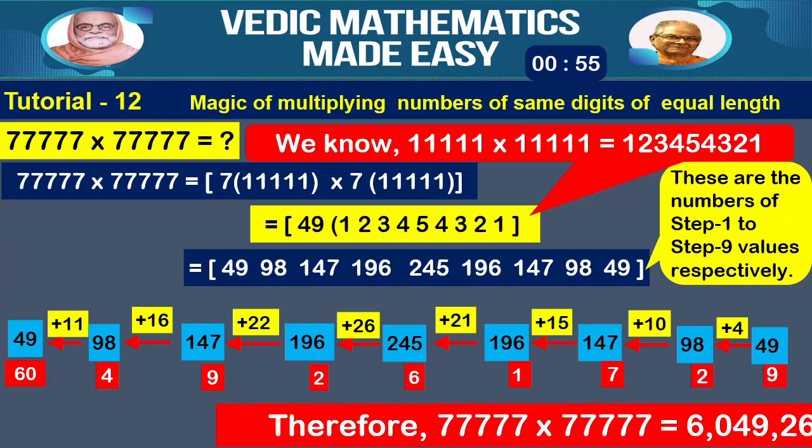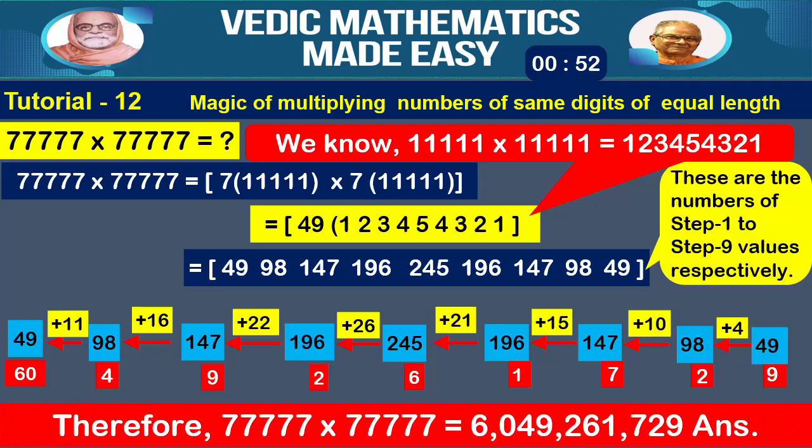Therefore, 77777 into 77777 is equal to 6049261729. Friends, I hope you appreciate the power of Vedic Maths. Practice to solve longer length numbers containing the same digits mentally. Remember, there is no complexity of writing the step diagrams or finding their values in this process.